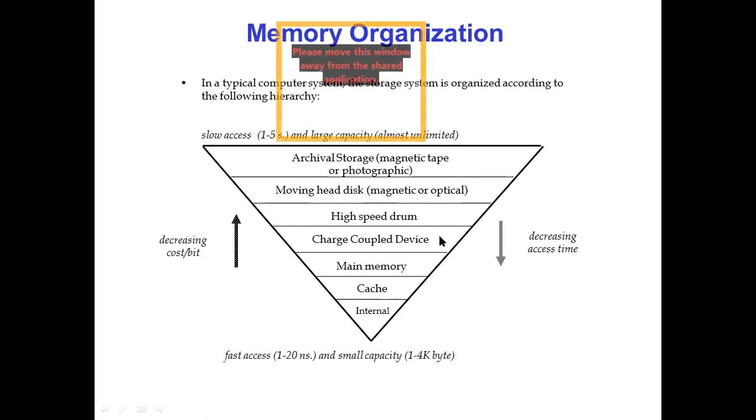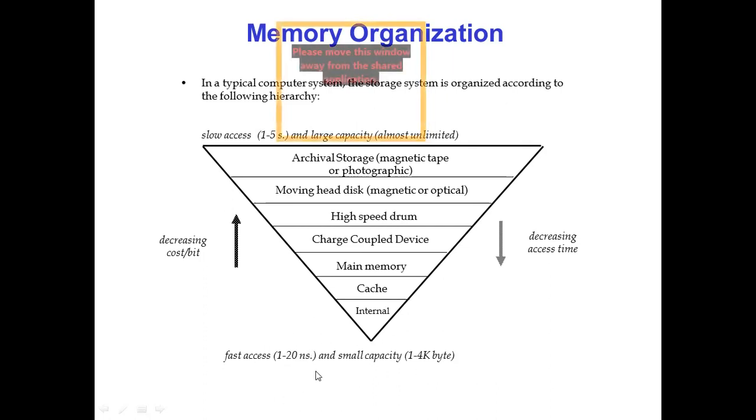So now here we can see how we are going to organize the memory. We start from decreasing cost per bit, and the access time is also decreasing. Now fast, here we can access 1 to 20 nanoseconds, with a small capacity of 1 to 4 kbyte.